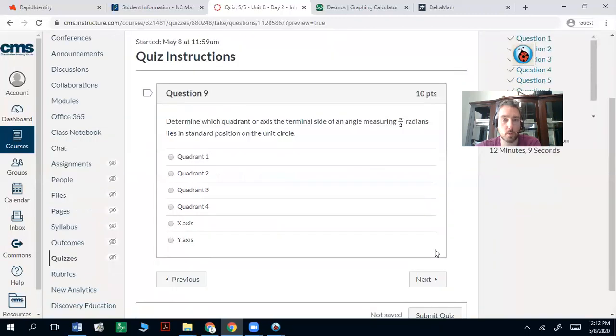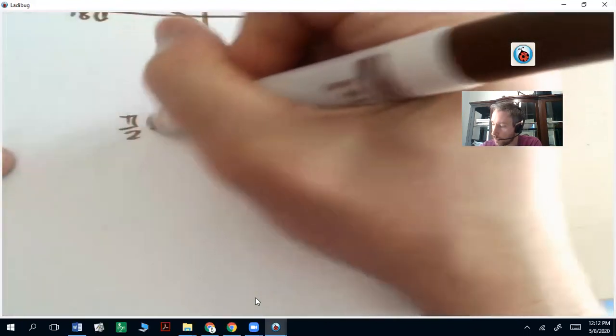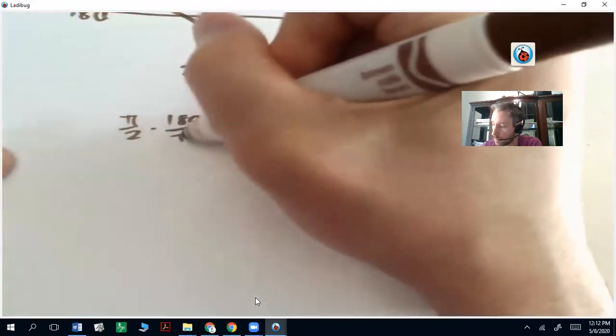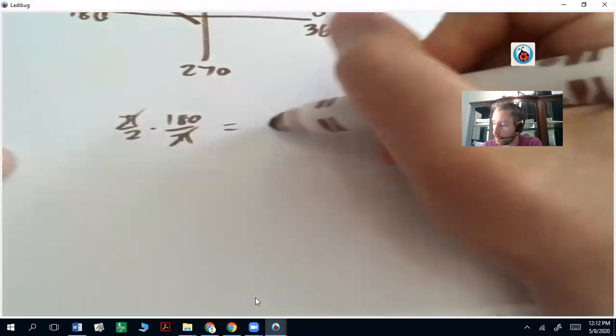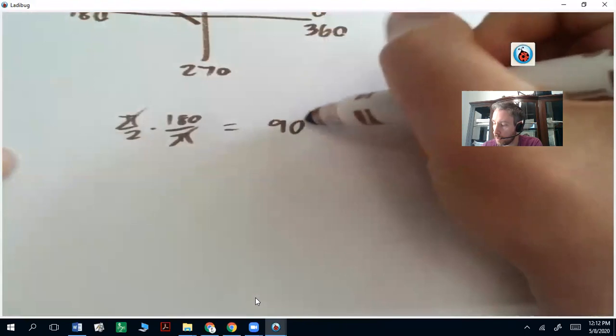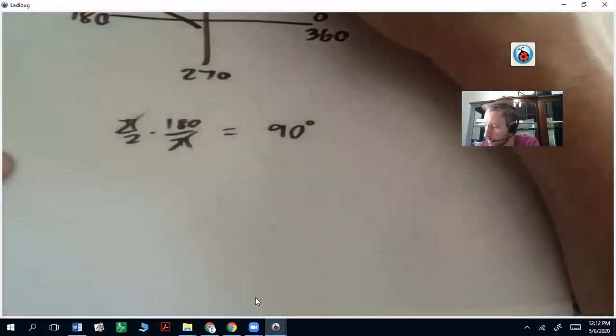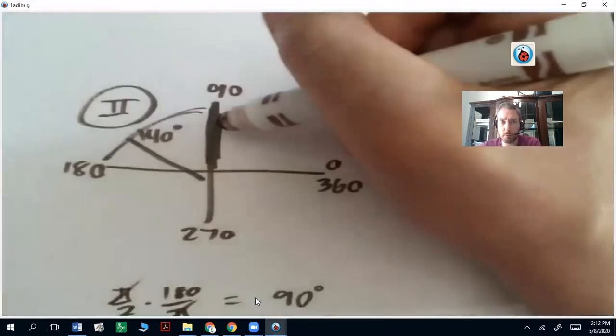What if it's pi over 2? Where's pi over 2? You can look on the unit circle, or you could do this. Pi over 2 times 180 over pi. Cancel the pi's. 180 divided by 2 is 90, or you can put it in the calculator. 90 degrees. That's right there.